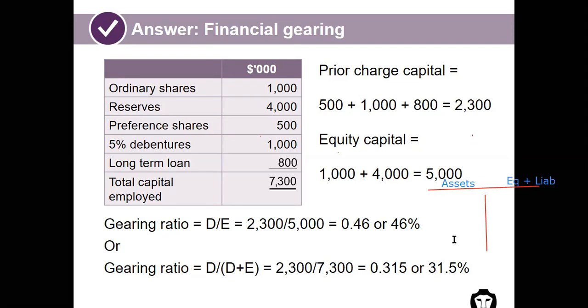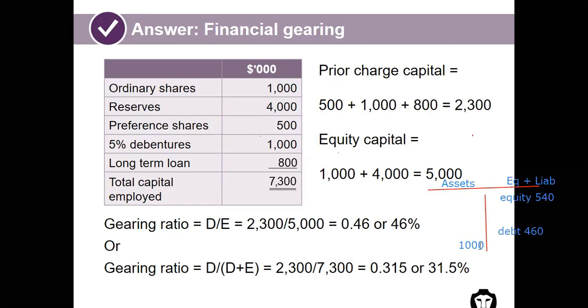So whatever assets you have, let's suppose your assets are, I don't know, $1,000 total assets, and here it means that 46% is debt, which means your total debt is 460, and your equity in this case is 540. This is what it means, and that's how you make it 1000.